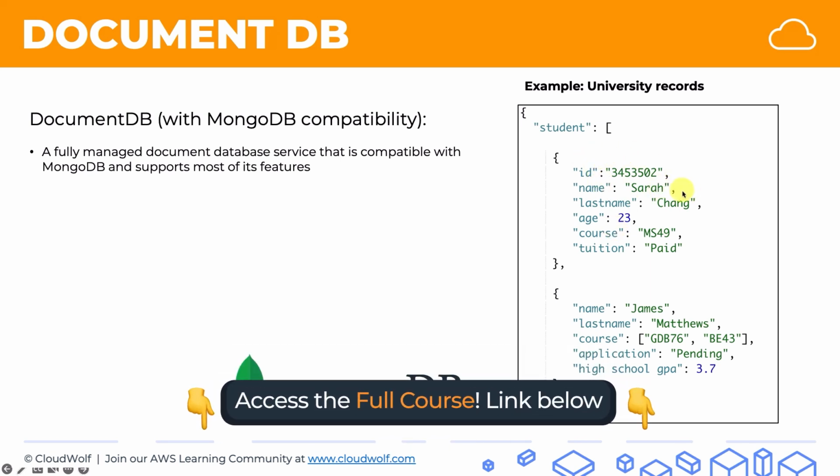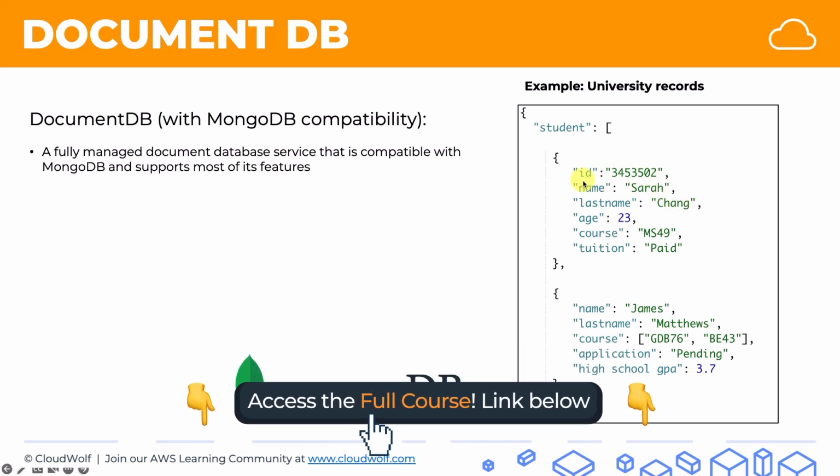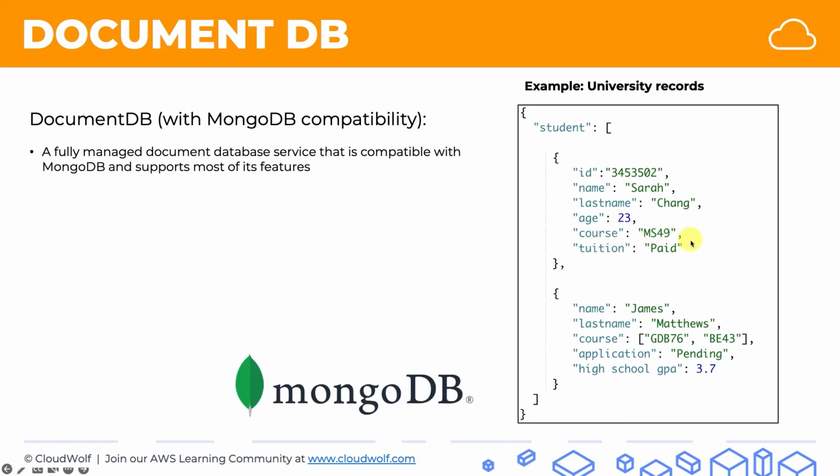Here, we've got Sarah Chang with an ID, her age, the course she's taking, and that her tuition has been paid. And the second element, we've got James Matthews without an ID. Here we've got a list of courses that James is taking and their application that it's pending and their high school GPA.